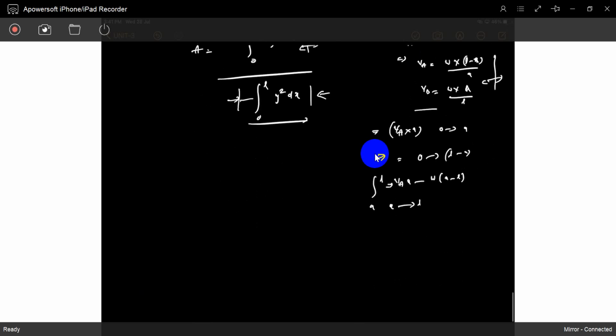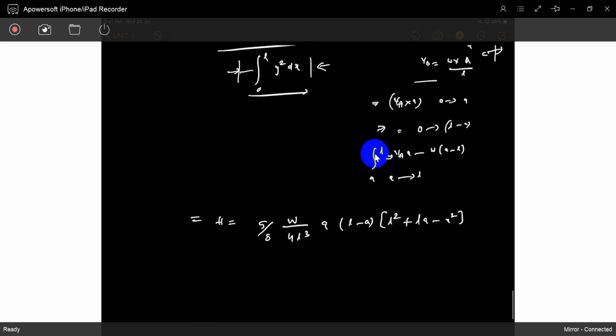You will get this H value equal to 5 by 8 W L cube A, L minus A, L square, L A and A square. This is the value you will get for H. So with this much length, how can you remember? No need to remember.